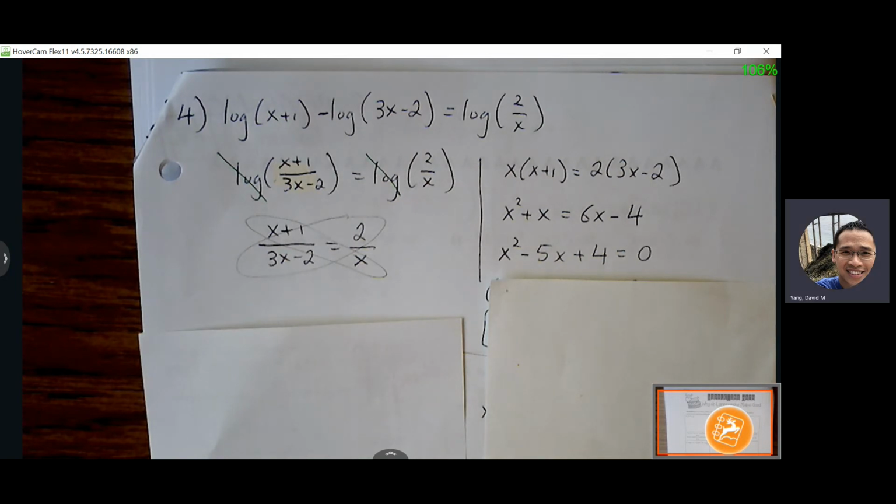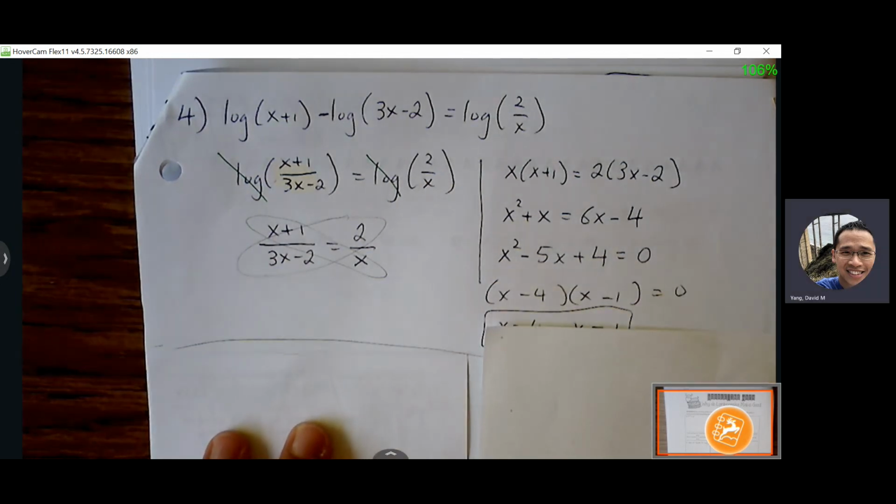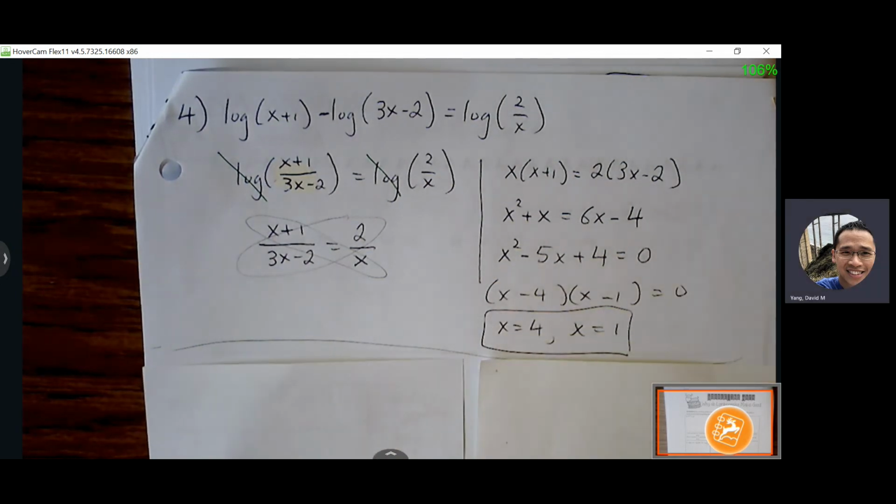Multiplies to 4, adds to negative 5: negative 4, negative 1. Solve for x, we get 1 and 4. And both 1 and 4 are good because neither 1 nor 4 will cause any of the parentheses arguments to be negative or 0. So we can keep both answers.